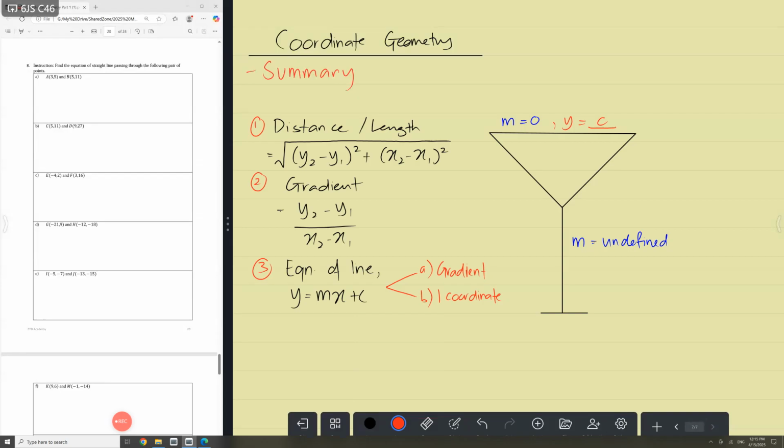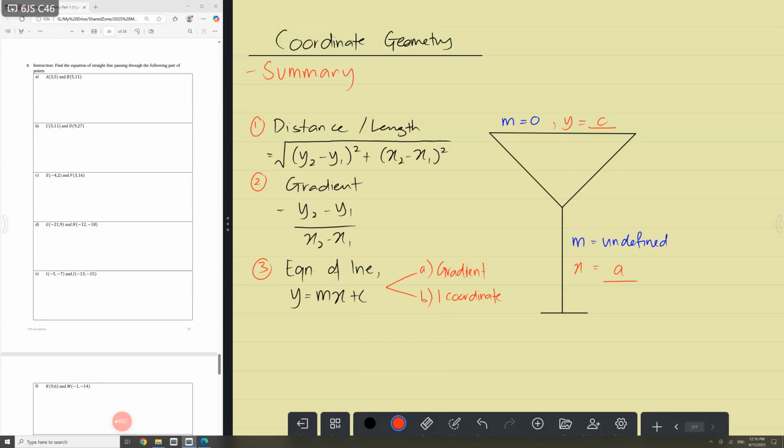So if the line cuts the y-axis at 3, the equation of this line is y equals 3. For a vertical line, the equation is not y equals something. Instead, it is x equals something else. So if the vertical line cuts the x-axis at -4, then the equation is x equals -4. So these are the two things about horizontal and vertical lines.